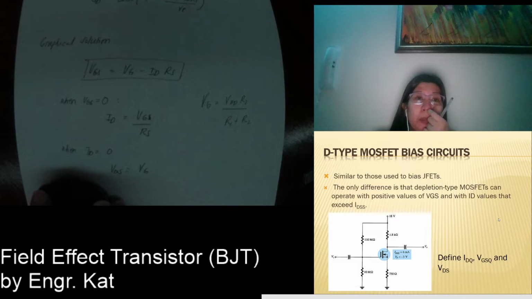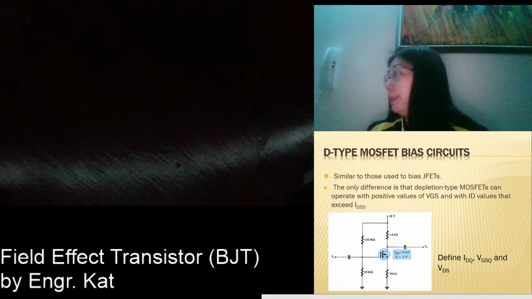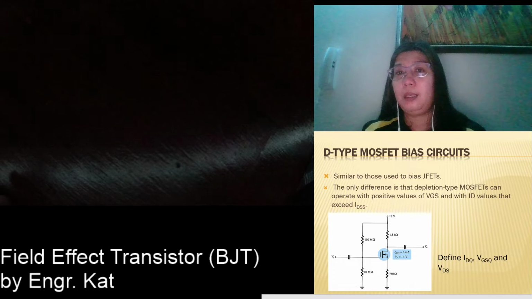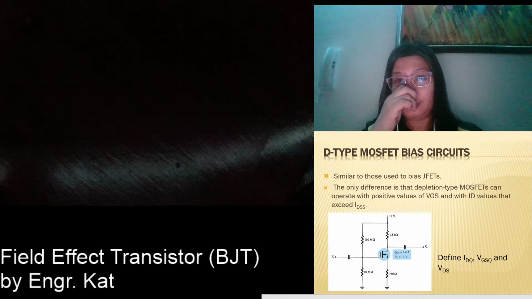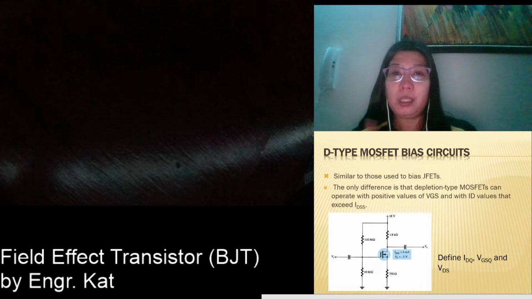Now, for D-type MOSFET circuit bias, it is just the same with the JFET.